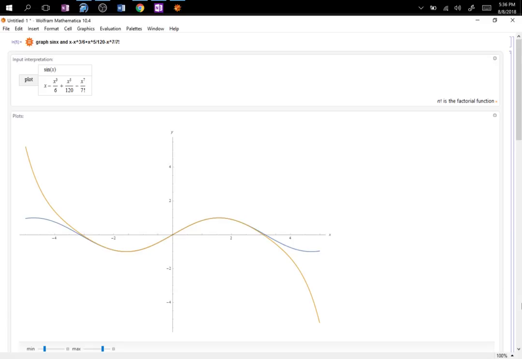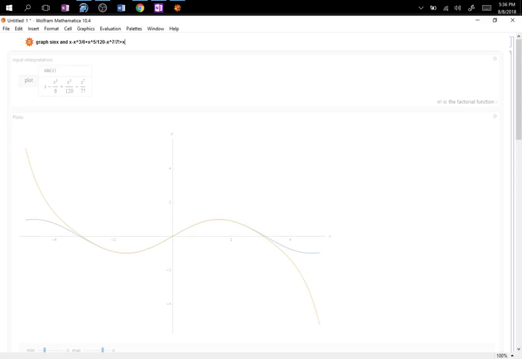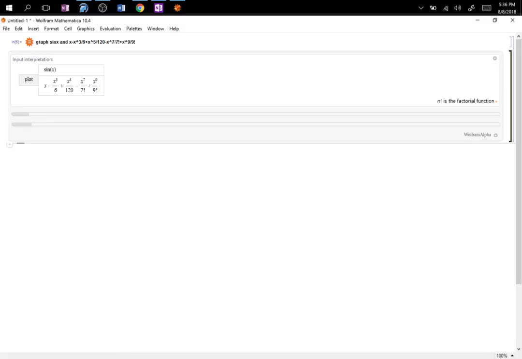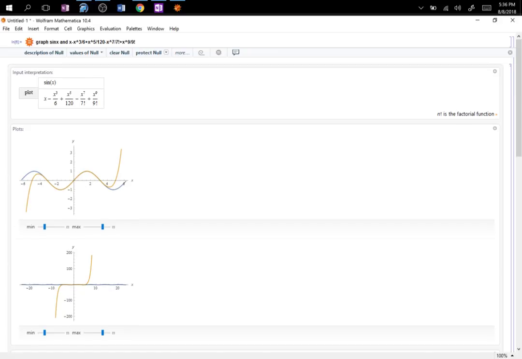Now, guys, that means a polynomial replaces your sine x. A polynomial of the 9th degree replaces it. Actually, we can quickly add that in. So, next one is plus x raised to the 9 divided by 9 factorial, enter, and this should curve, and there you go.